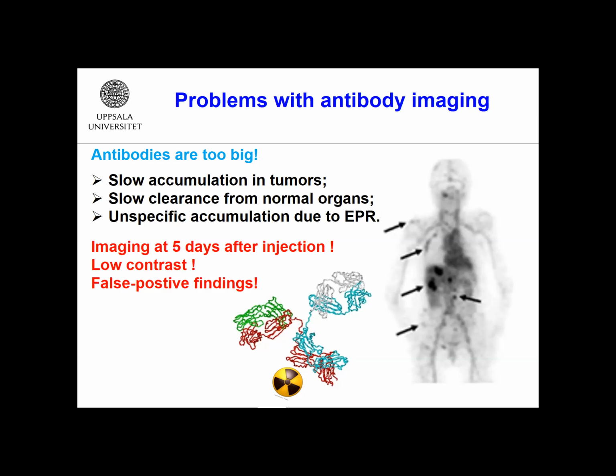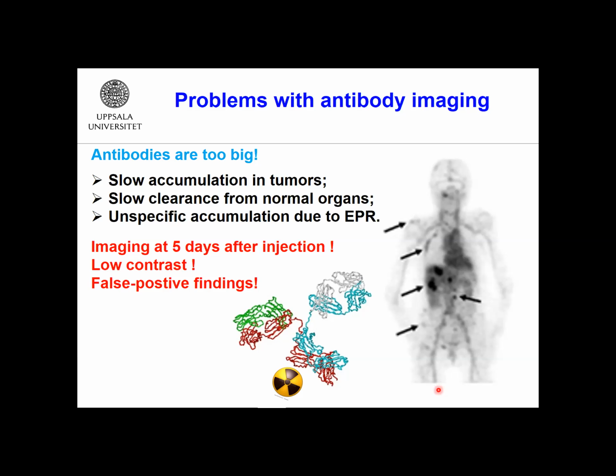That means that they extravasate, so penetrate into the tissues, quite slowly, because pores in the vessels are typically much smaller. Also, they clear slowly from normal tissues. So therefore, the background remains high, and it's difficult to see a tumor.